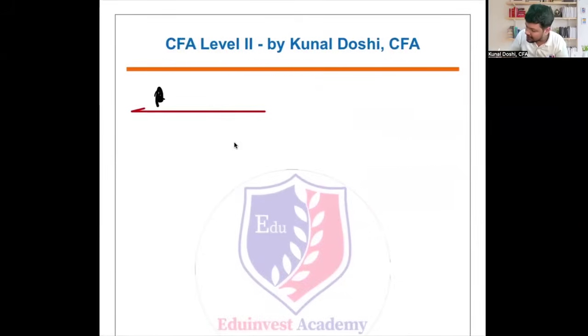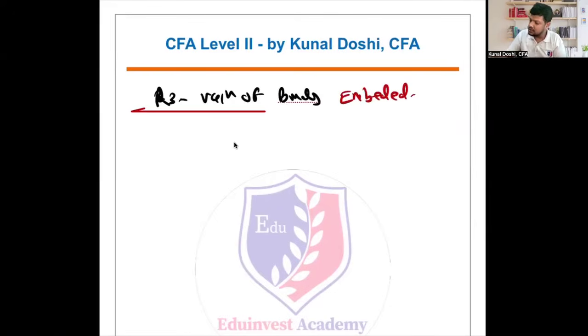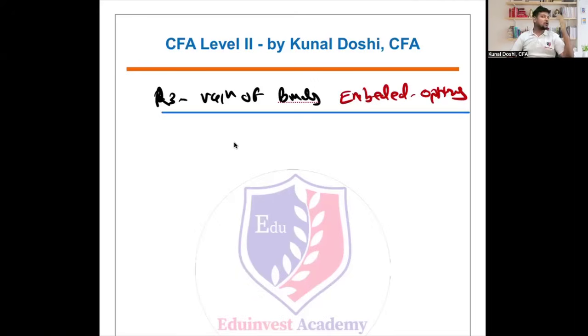Reading number 3 is valuation of bonds with embedded options: callable, putable, and convertible bonds. I expect backward induction and bootstrapping using the embedded option in the exam, because it is the same thing as for option-free bonds, with a minor difference.